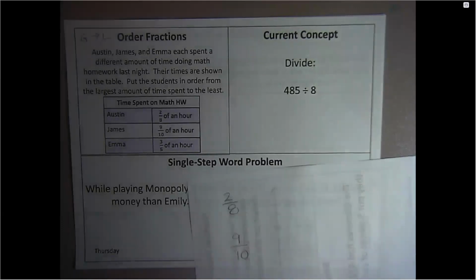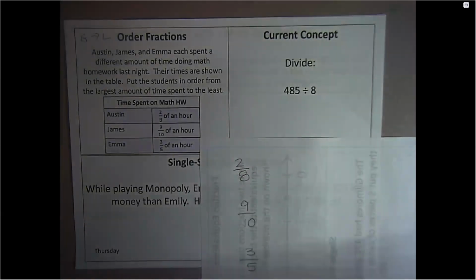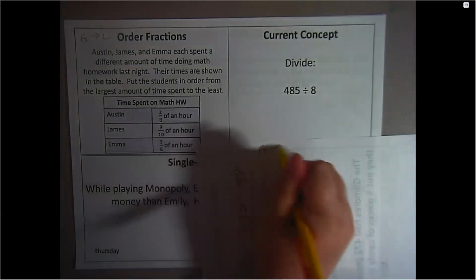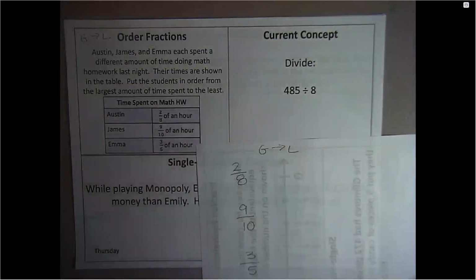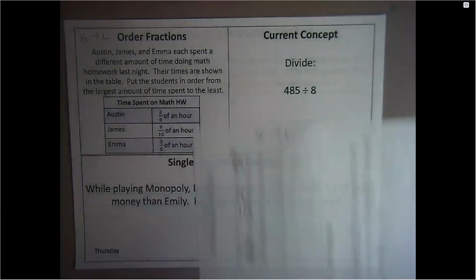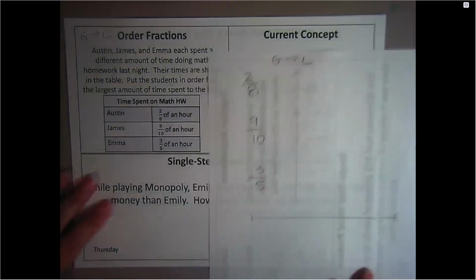All right, so I need to decide greatest to least. I look at them, and the first thing I want to do is see if there's anything close to 1. So I'm going to make a number line here. Okay, you can't see it. Now you can. All right, so here's 0, here's 1, here's 1/2.